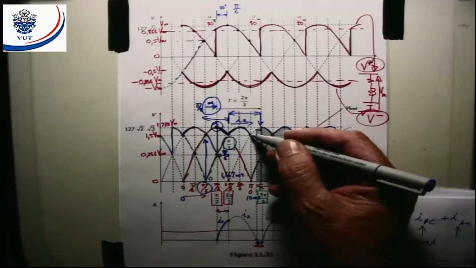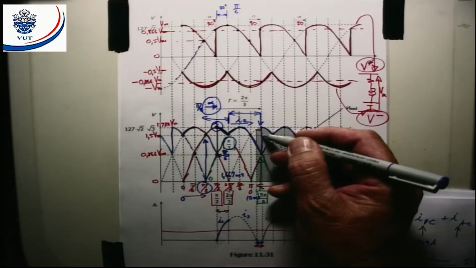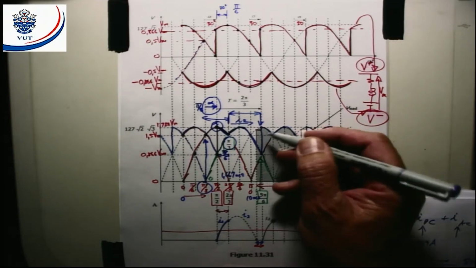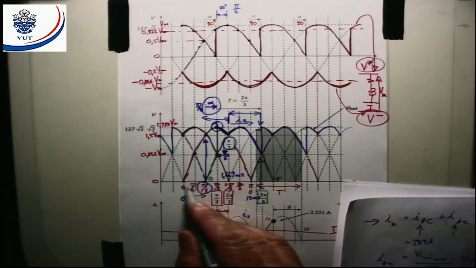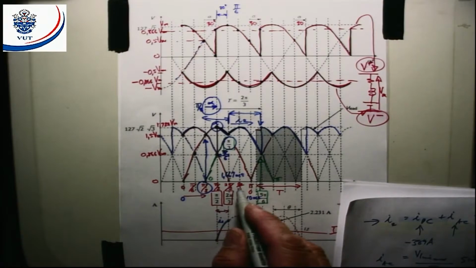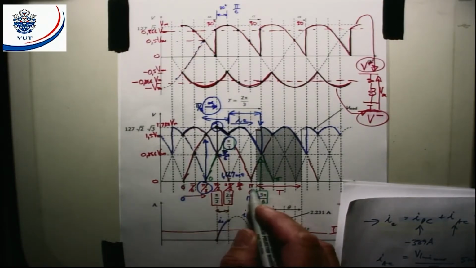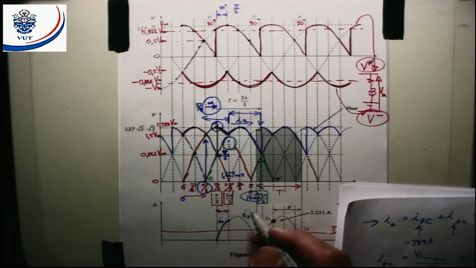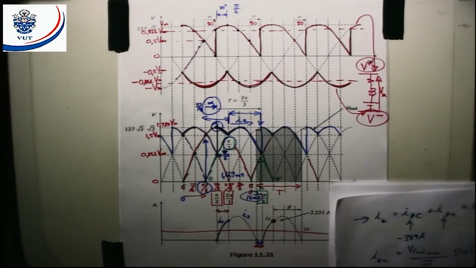It is 30 degrees further. That's 5 milliseconds, because if I have 6 times 30, I get 180, which gives me 10 milliseconds. So half of that will give me 5 milliseconds.